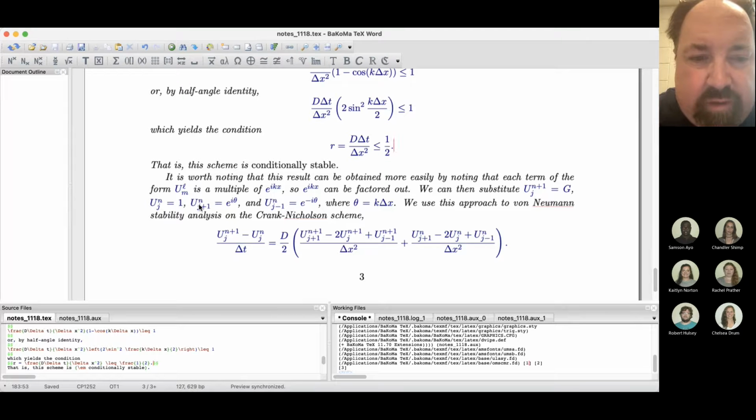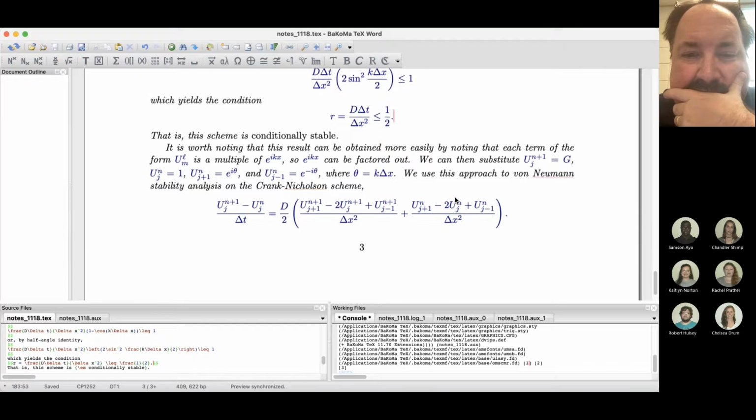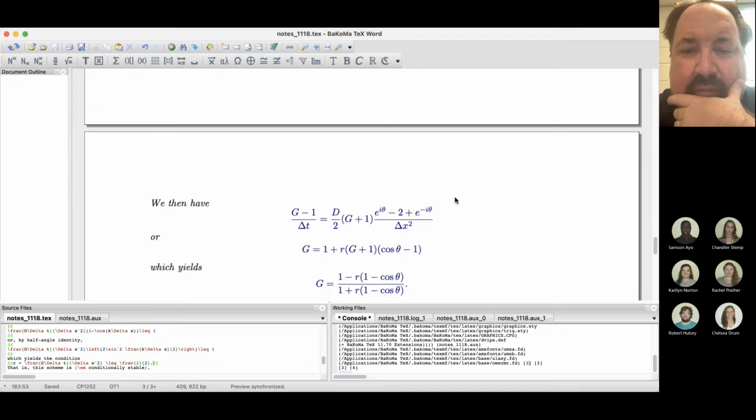And then if you go to the right on your grid, you have a factor of e to the I theta, because that's what e to the I kx will be multiplied by. The neighbor to the left, uj minus 1n, is e to the minus I theta, where theta is a shorthand for k delta x. If you're looking at anything at time tn plus 1, then the growth factor g is involved. So we can take these algebraic shortcuts, which could be figured out by looking more closely at what was done here. And when we make the substitutions, this is what we get.